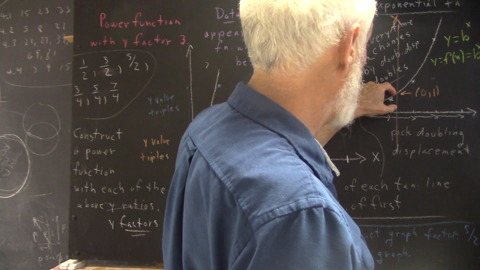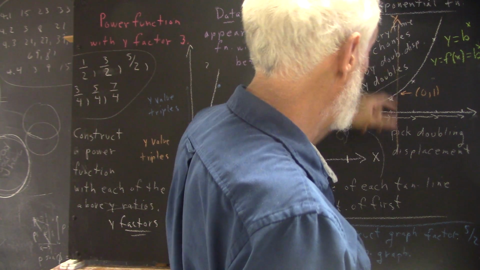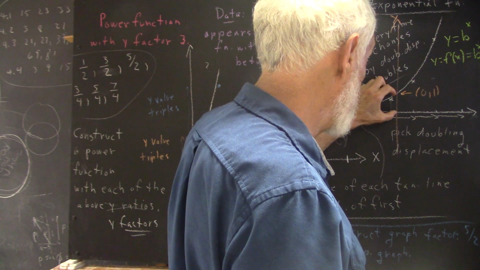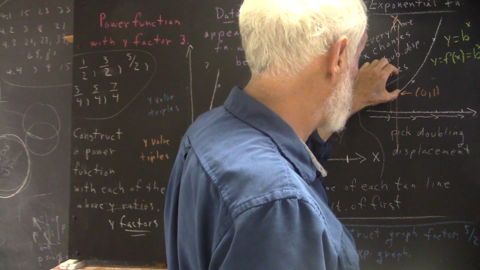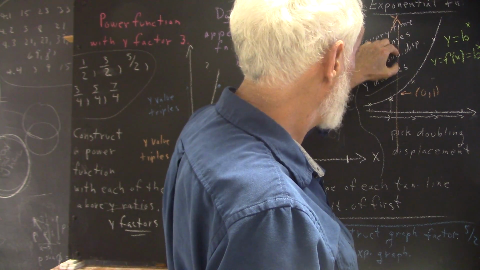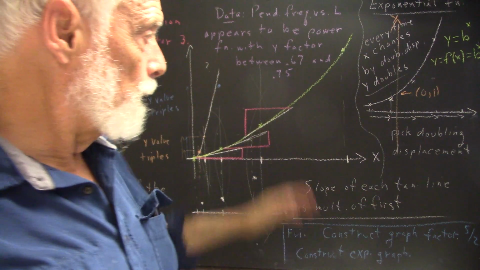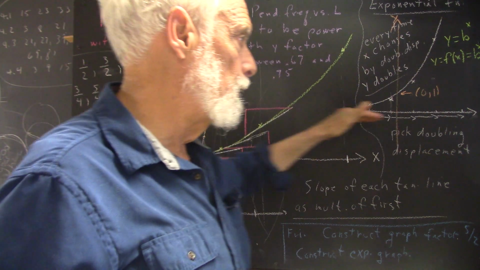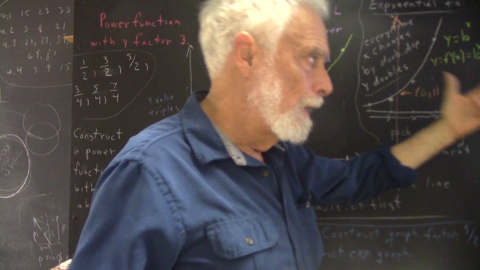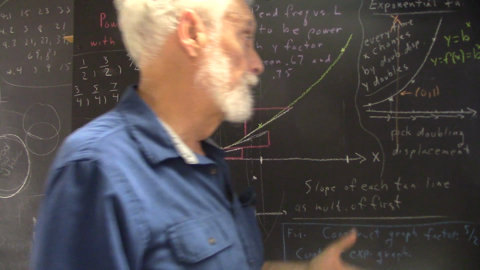We have no choice about where we put 2, 3, 4, -1, -2, and so forth. We know this much is 1, so to get 2, we do that again. There's 2, there's 3, there's 4. No choice. However, our choice of the x scale is completely arbitrary until we apply whatever the conditions of our situation are.